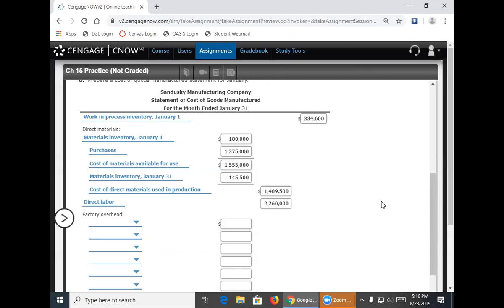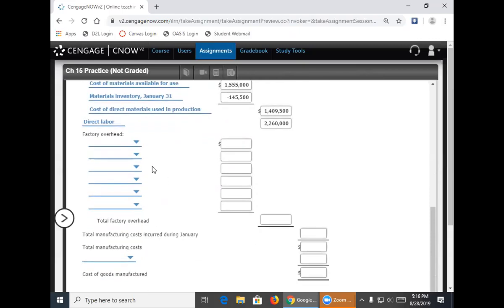Now we're adding in labor of 2,260,000. Okay. Now the next step is to add up all of those overheads. So it looks lengthy, but you're really just plugging them in, right? So it takes a little time. But you should have indirect labor, 115,000.